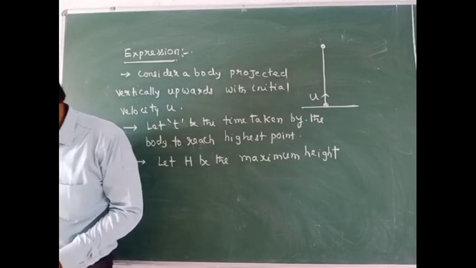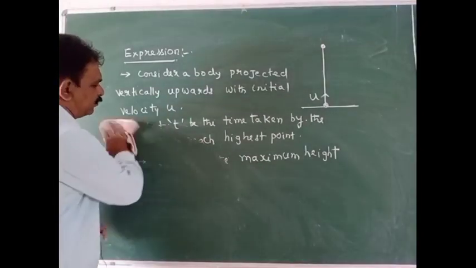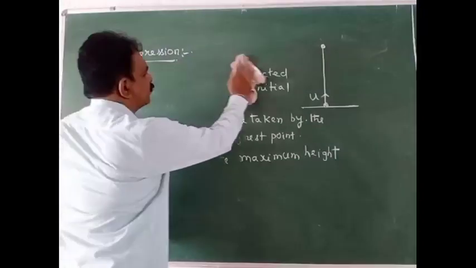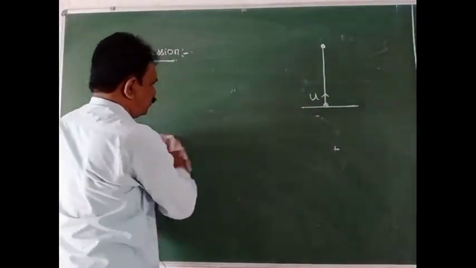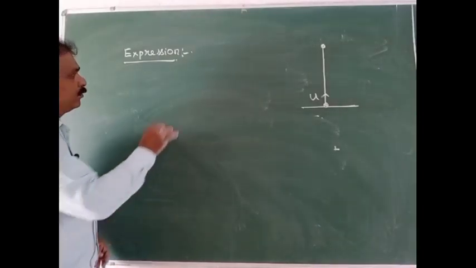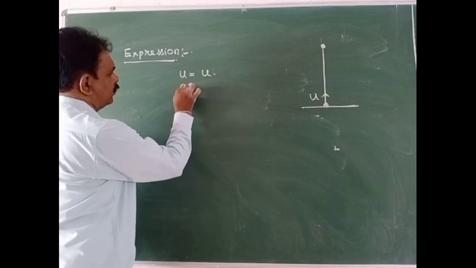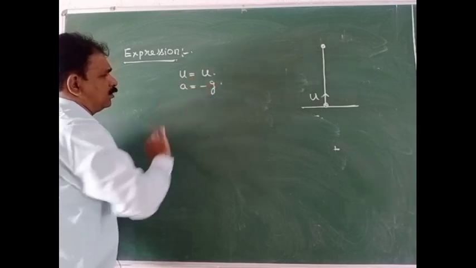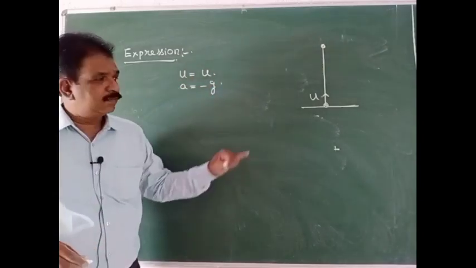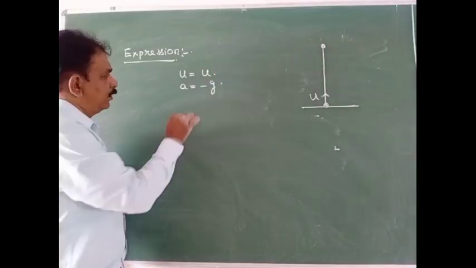Okay. Then here u value will be u only. a is equal to minus g because it is going vertically upward.